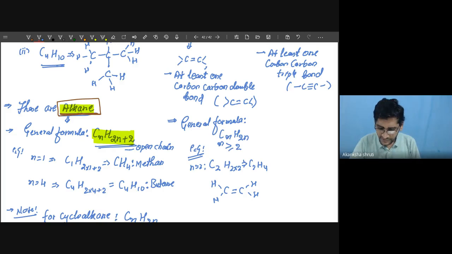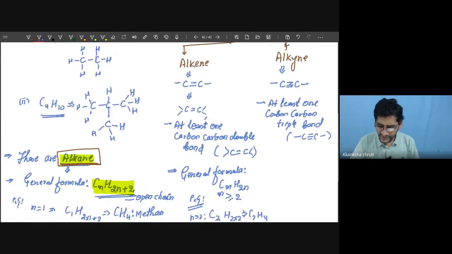Now coming to alkyne. For alkyne, there is at least one triple bond. For making one carbon-carbon double bond, 2 hydrogen have to be removed. In alkyne, 2 such bonds are there, meaning 4 hydrogen have to be removed from the alkane.